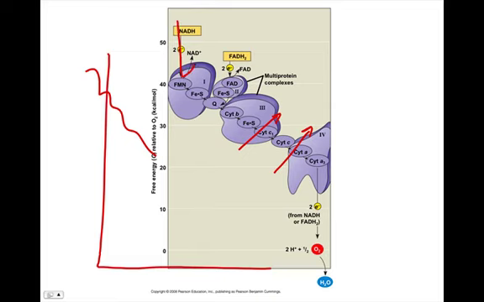NADH feeds in at a higher level than FADH2. And so that means more protons can be pumped and ultimately more ATP. So in the case of NADH, we can get 3 ATP out of the deal. In the case of FADH2, since it's a lower energy molecule, we get 2 ATP out of the deal.